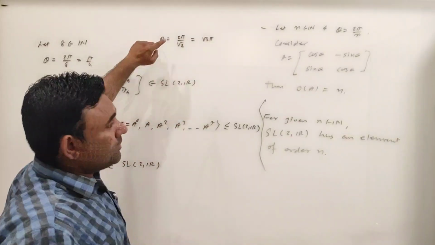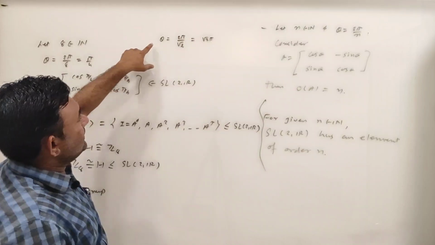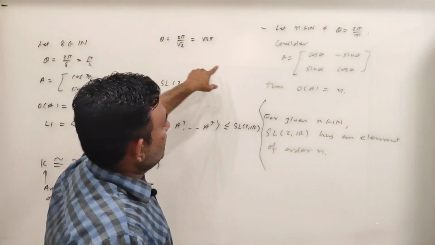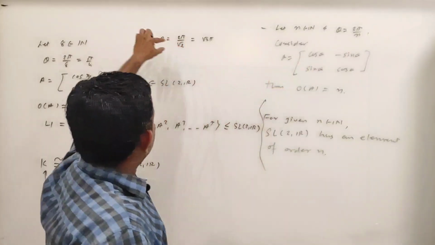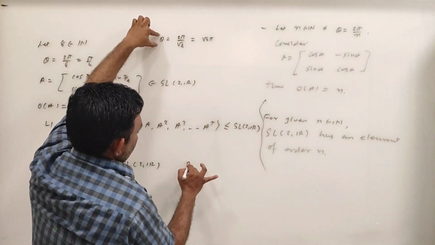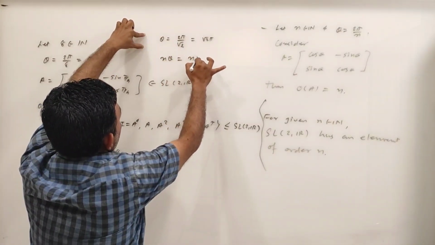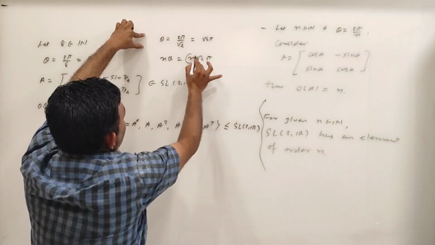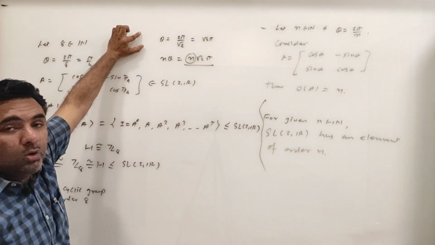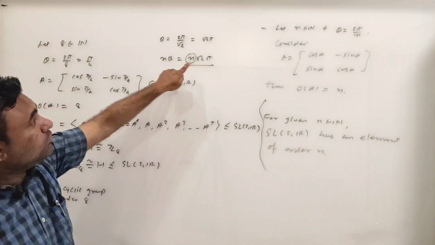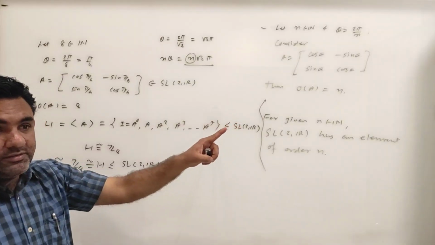Now you consider powers of A. Then A raised to n is cos n theta, so multiplying by n, n theta is n into root 2 pi. For which n will this become a multiple of 2 pi? No such n exists, right? Because root 2 is an irrational number. So you will never get the identity matrix.